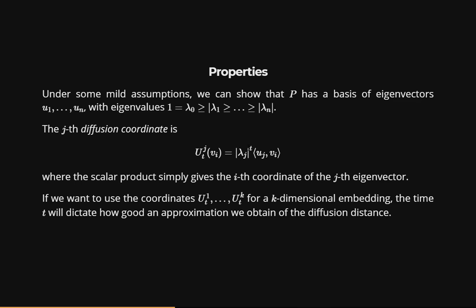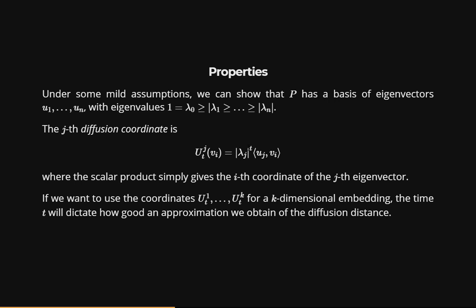Both are interesting depending on what you are looking at. If you use all the eigenvectors, you get that the Euclidean distance in your parameterization space is exactly the diffusion distance. So if you use enough eigenvectors, you can approximate your diffusion distance up to a point.